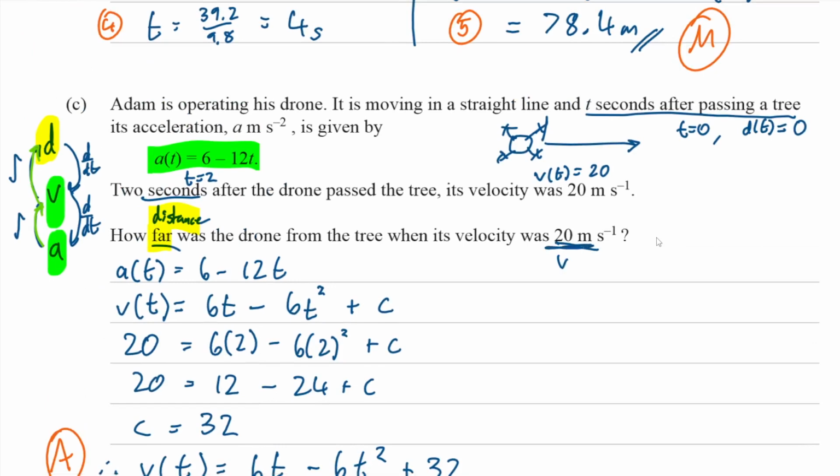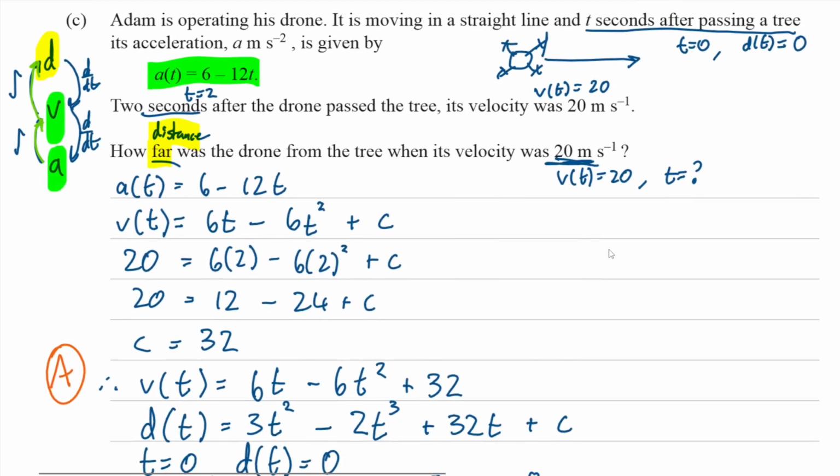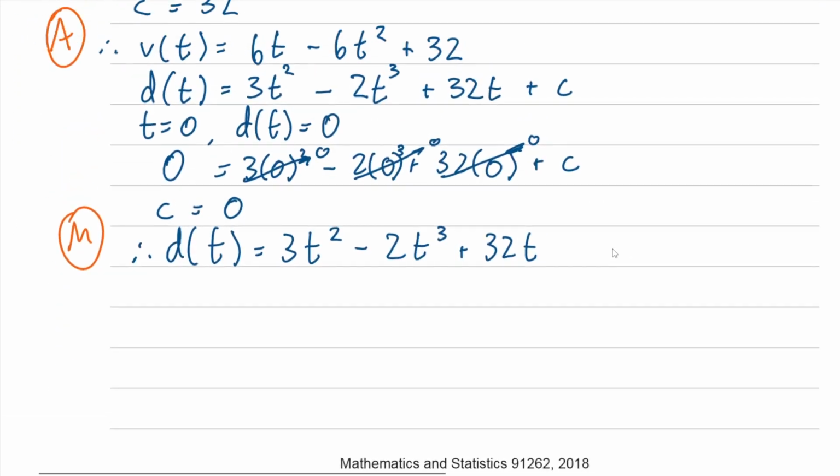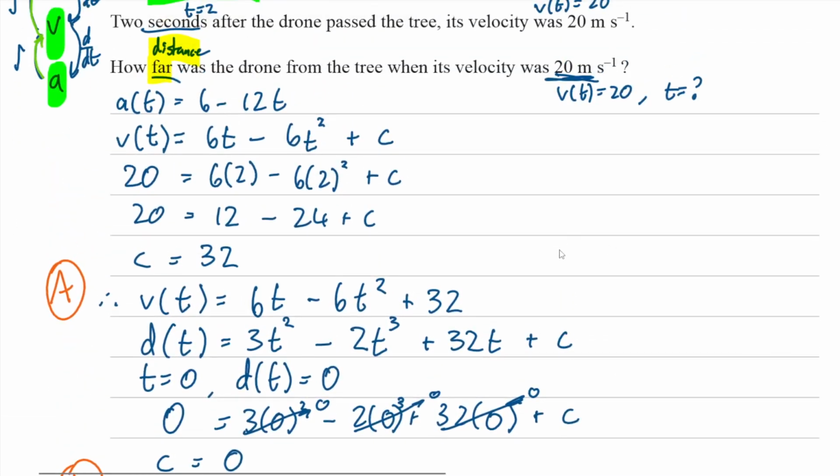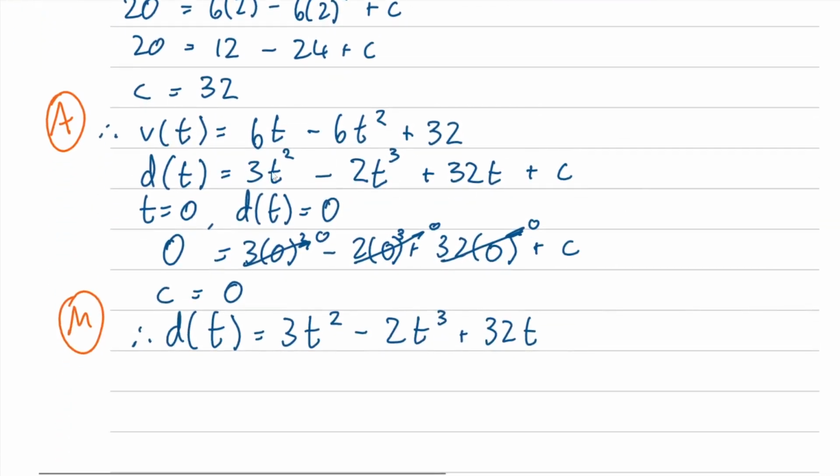So velocity is 20 at what time? We can work out the time to then work out the distance. And of course, we have that velocity equation from the achieved part: 6t minus 6t squared plus 32.